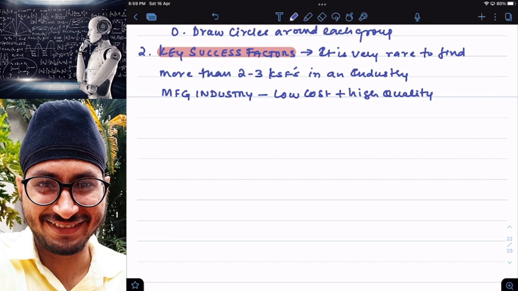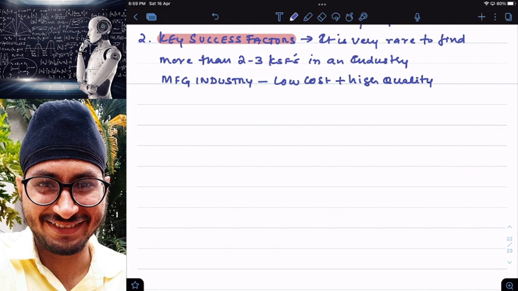Like I'm able to manufacture the goods at a very lesser price, plus I'm also able to manufacture high quality goods. Then distribution. Then we can say technology industry. What can be considered as a success factor for technology industry? It can be innovation capability.